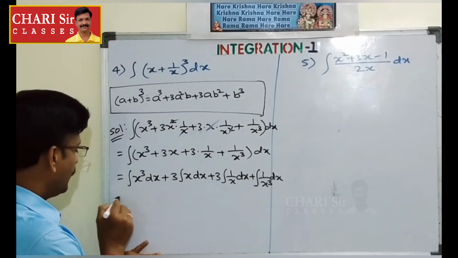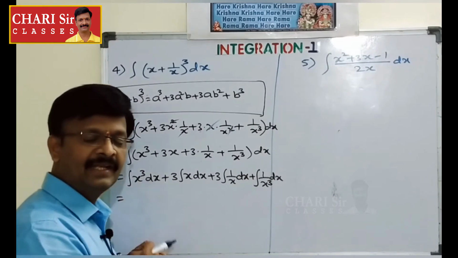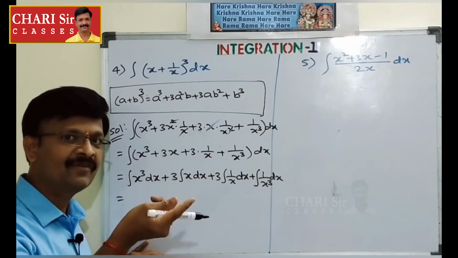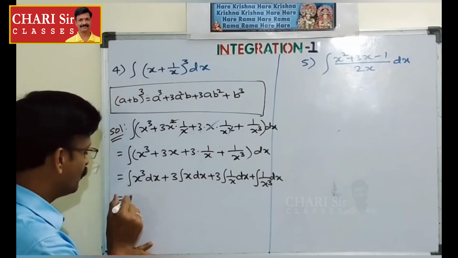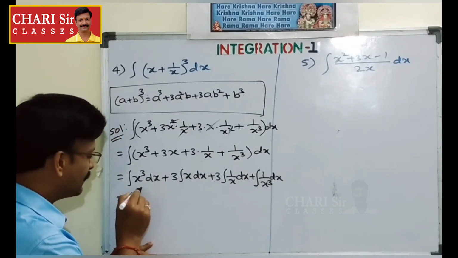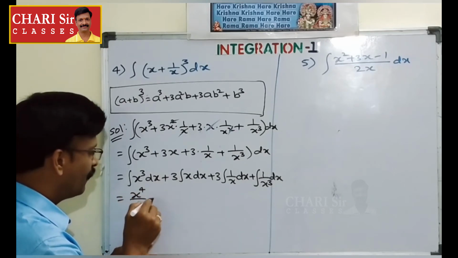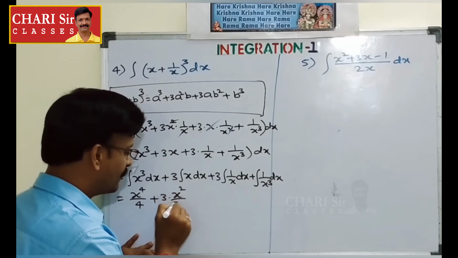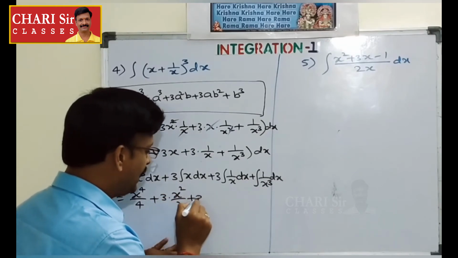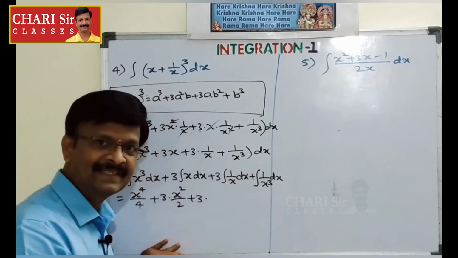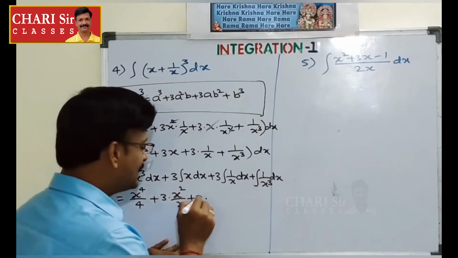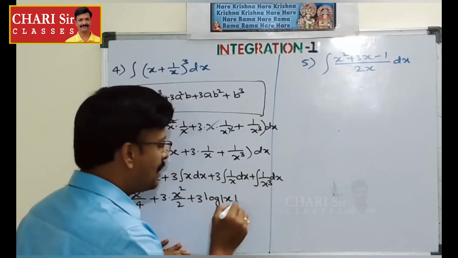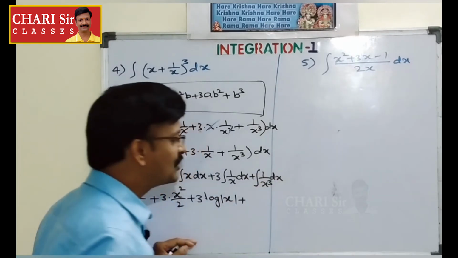So now the integration of x³ uses the formula x^(n+1)/(n+1), that is x^(3+1), x⁴/4, plus 3 into x, that is x²/2, plus 3 into the integration of 1/x. Integration of 1/x is log|x|, the log modulus of x, plus the integration of 1/x³ dx.